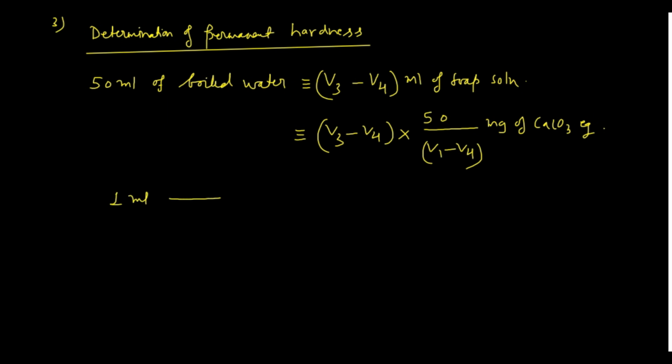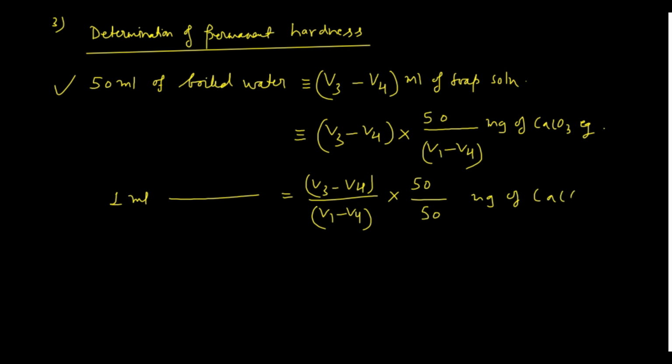So for 1 ml, it is V3 minus V4 divided by V1 minus V4, multiplied by 50, which is already there. I'm doing it for 50 ml, so this 50 is here. This is mg of CaCO3, and I'll do this for 1000 ml or 1 liter.